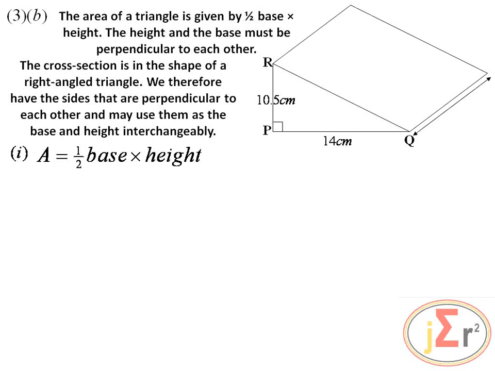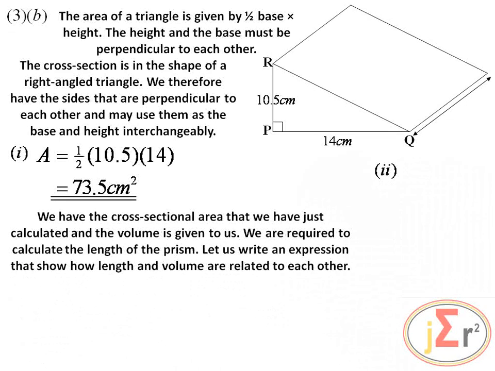Area is equal to a half base times height. Put in half 10.5 14 or half 14 10.5. That turns out to be 73.5 centimeters squared.